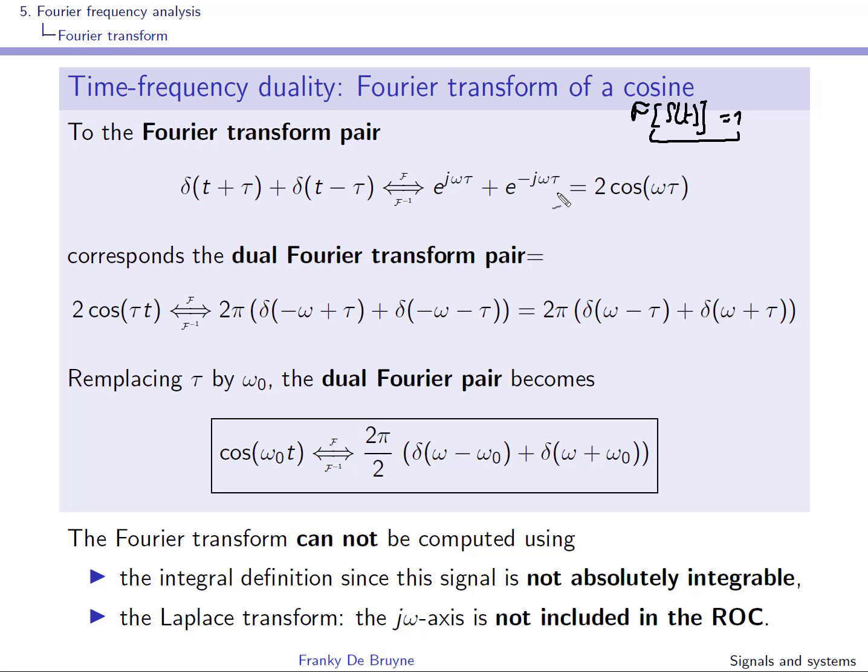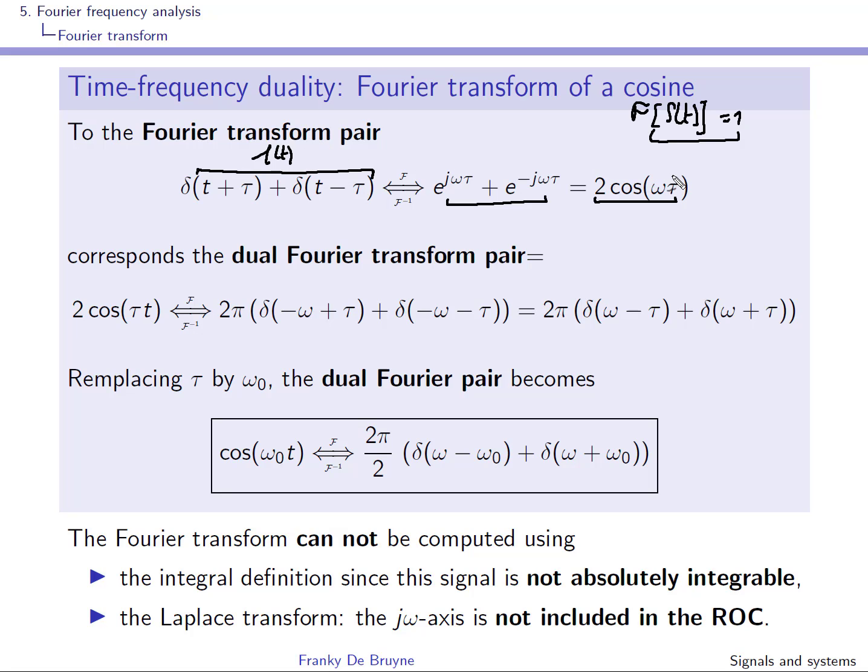This is the shifting property of the Fourier transform. So what you recognize over here, if you take the Fourier transform of two pulses, one at minus tau and one at tau, is that you obtain, by the Euler identity, 2 cos of omega tau. So this is now playing the role of f of t.